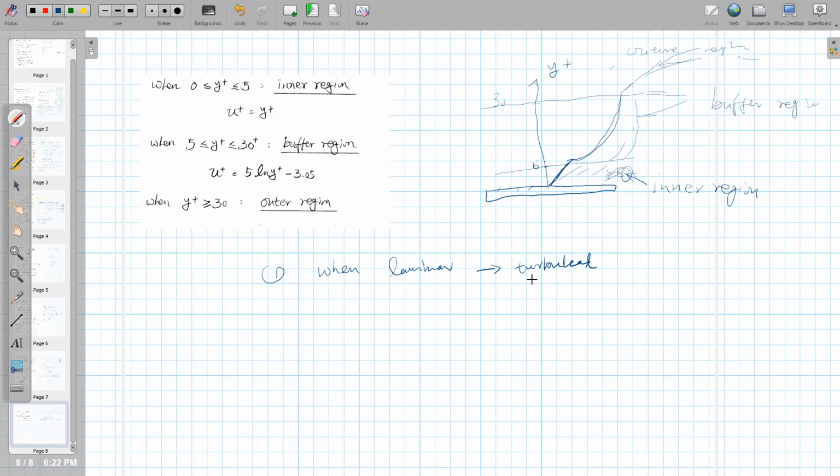So for forced convection, we need to know the critical value of the Reynolds number to determine if the flow is turbulent or laminar. And for natural convection, it is the Rayleigh number, not the Reynolds number. So what will the critical Rayleigh number be to determine whether natural convection flow is laminar or turbulent?